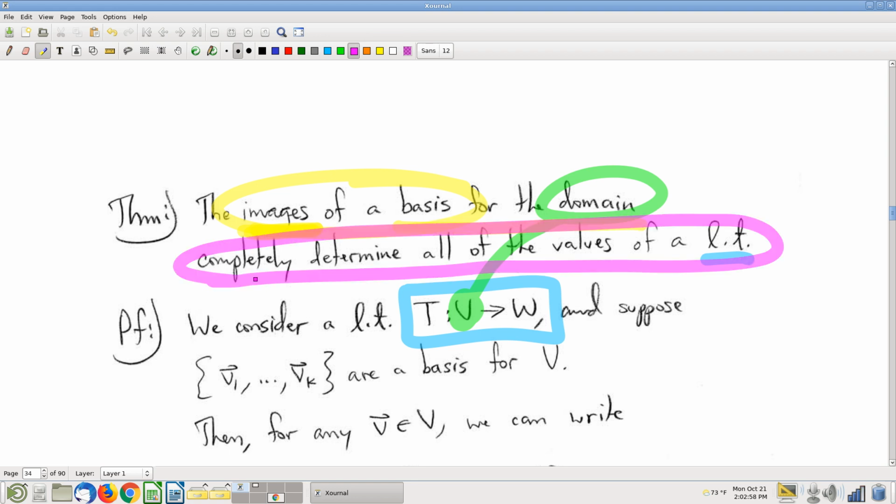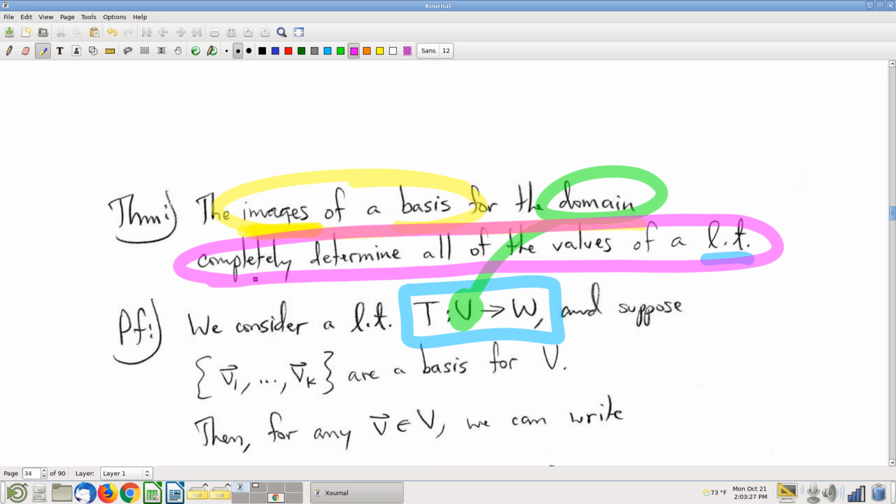This is an outrageous conclusion. That's saying, if I know what T does to a very short list of vectors in its domain, then I know what T does to all of the others. How could this be? There's a whole vector space here. There's infinitely many vectors in this vector space. For example, let's suppose V is three-dimensional space.